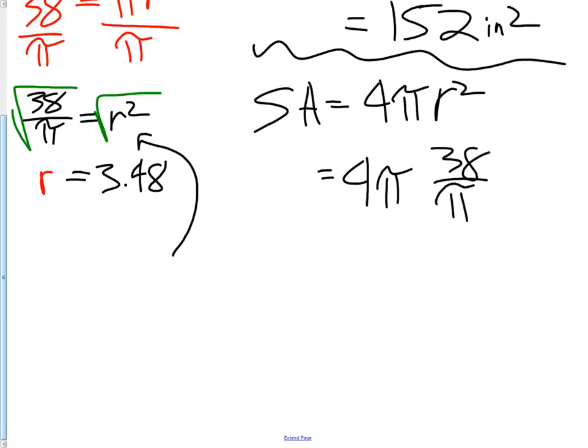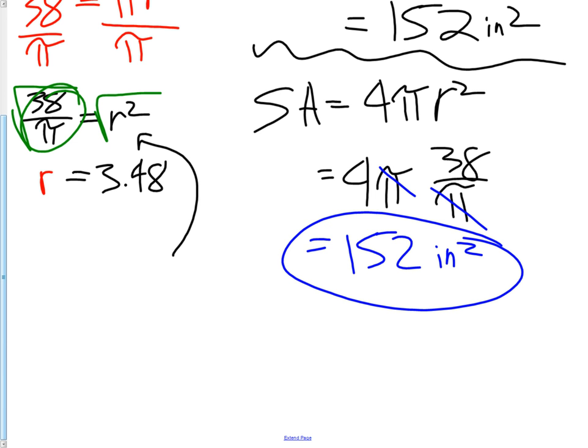So I'm going to substitute 38 over pi in for r squared. That works out really well because the pi's can cancel, and I'm left with 4 times 38, which is 152 inches squared. Much easier than trying to do all of that work on your calculator.